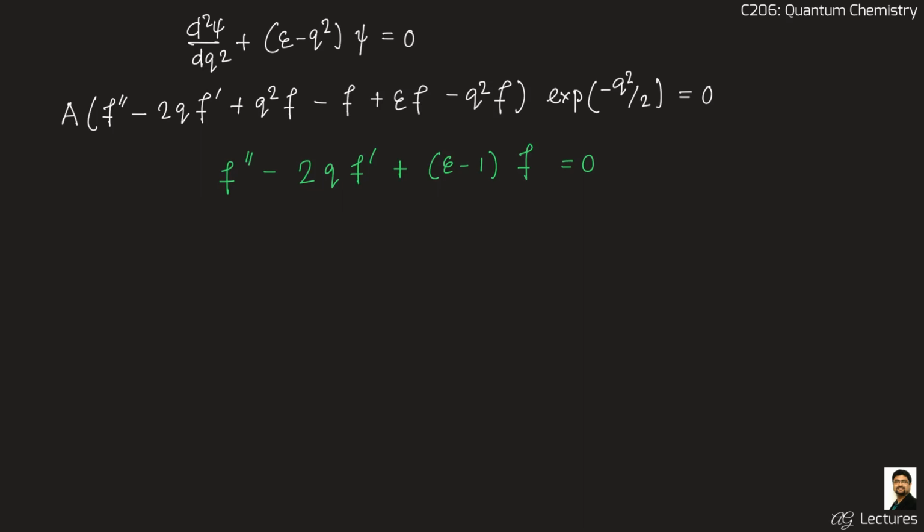We have to solve this using the series solution method, for which the first step is to write down the function f of q as an infinite series given by some a_i, the coefficients, times q to the power i. So this is actually a power series.